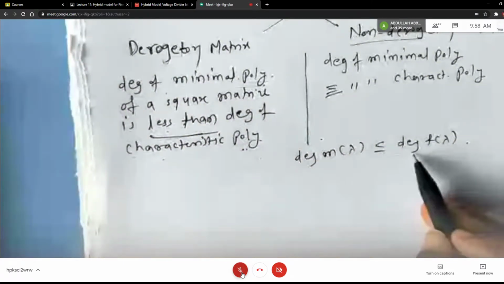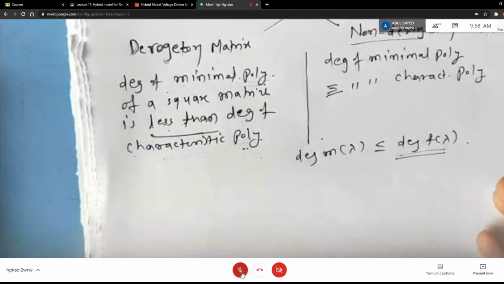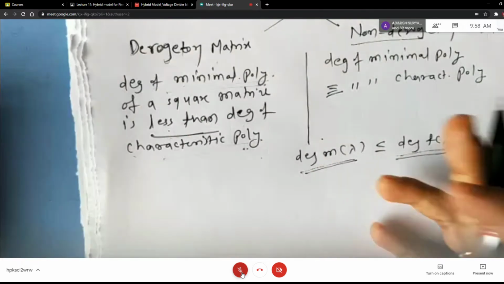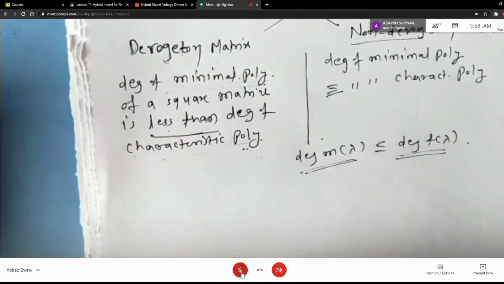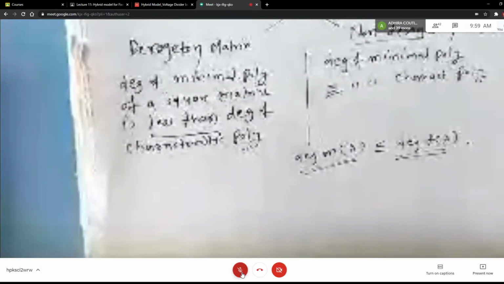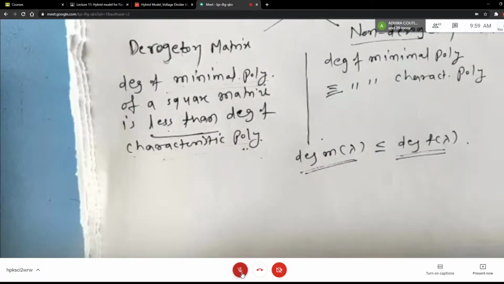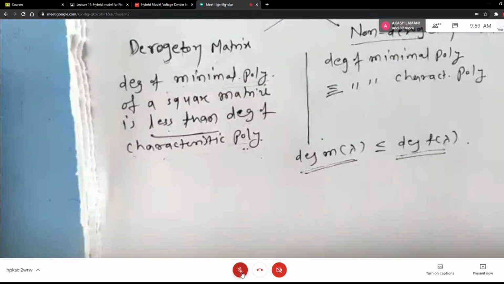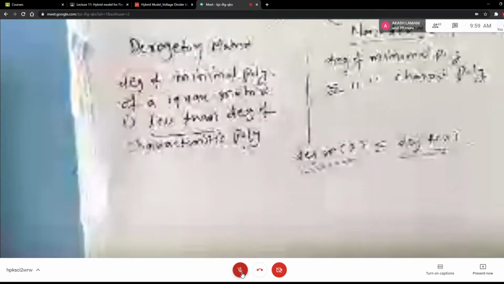Means what? Suppose your characteristic polynomial is of degree 3. So minimal polynomial will be either cubic, or it may be quadratic, or it may be linear. The degree of minimal polynomial will never exceed 3. Okay, so it should be always less than or equal to the degree of your main characteristic polynomial. Okay, students.